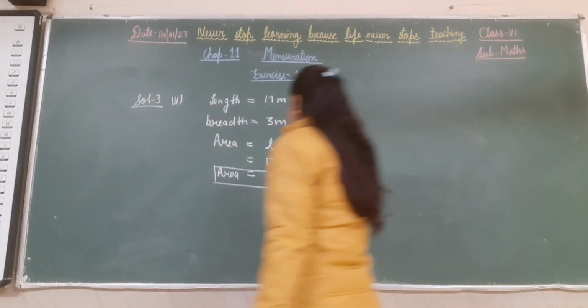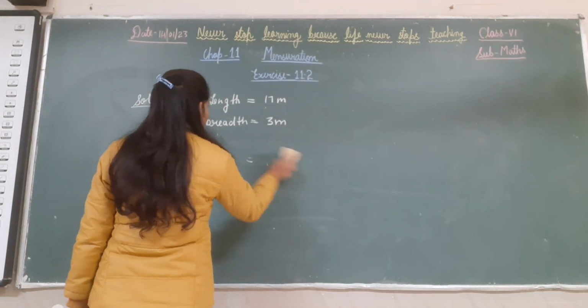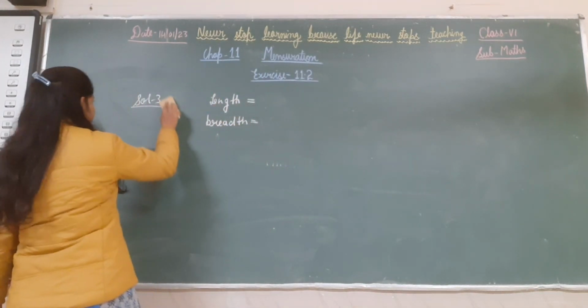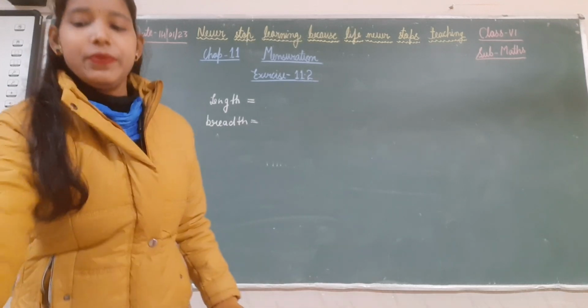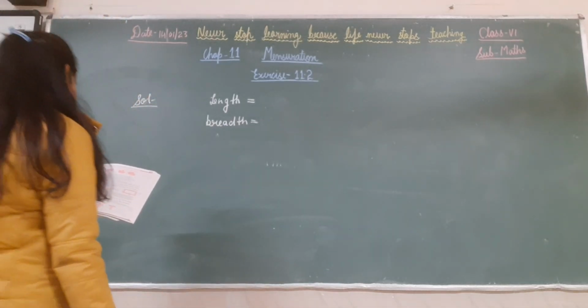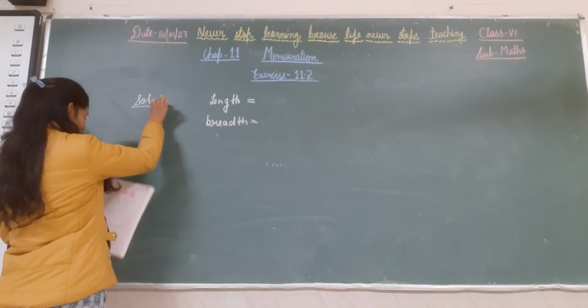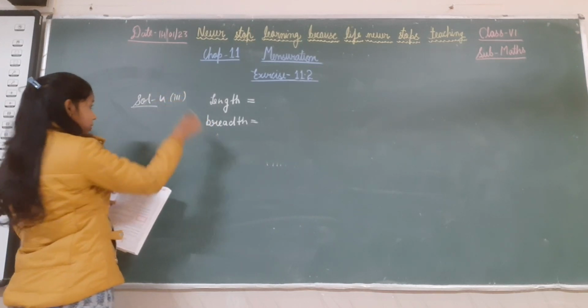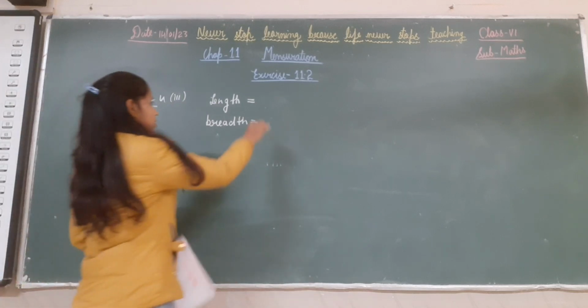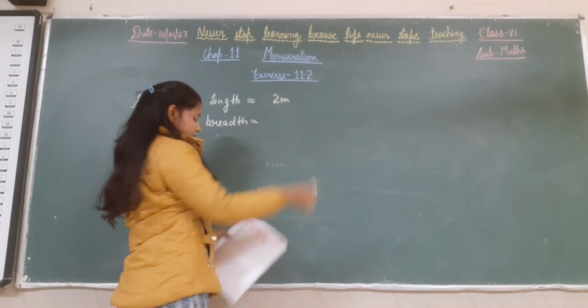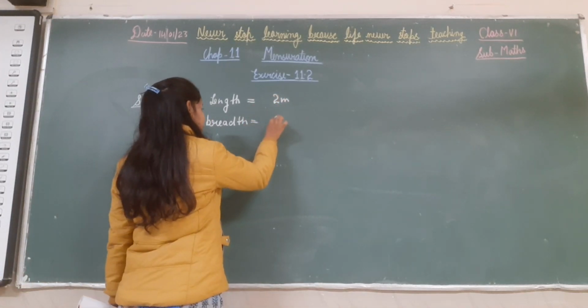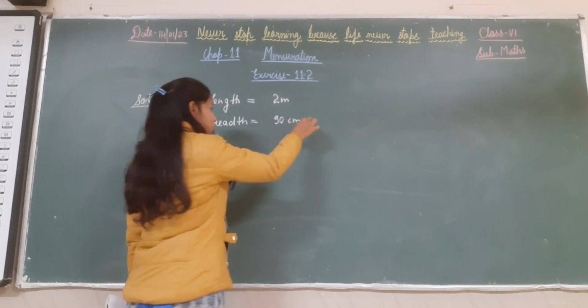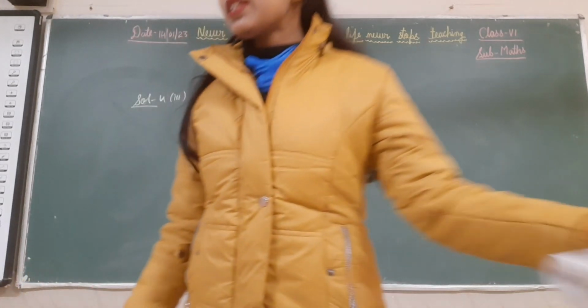So write down question number 4 part 3. Length is 2 meter and breadth is 90 centimeter. So class, first of all the unit should be the same, right?